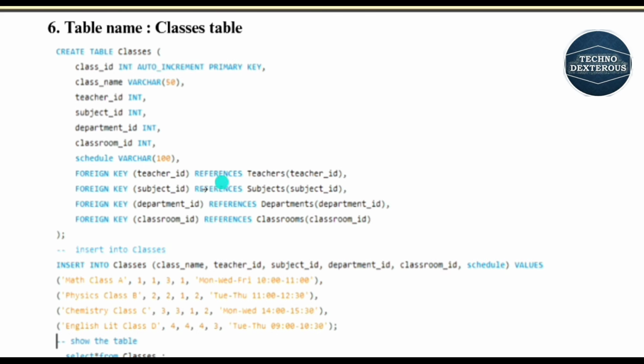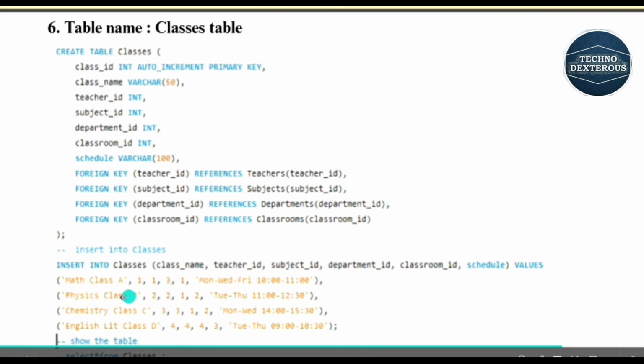Here the teacher ID, subject ID, department ID and classroom ID are foreign keys, which are the primary keys of the teacher table, subject table, department and classroom tables. Here we use them as foreign keys.